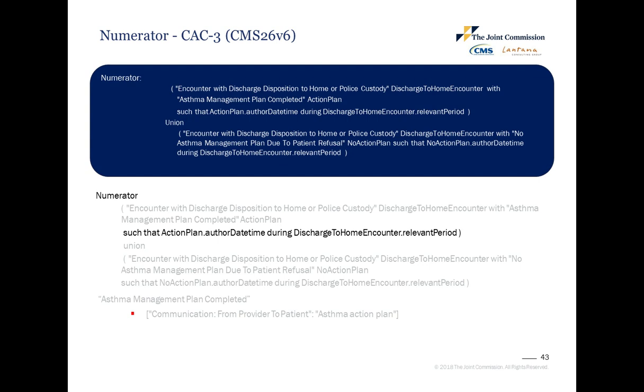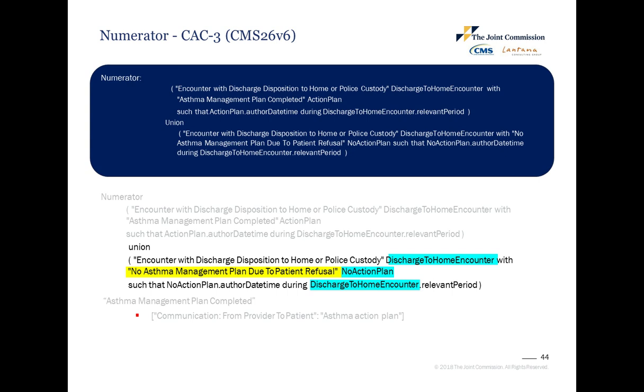Turning to slide, and remember, the Asthma Action Plan must be authored during the encounter relevant period. Turning to slide 44, let's turn our attention to the second clause of the union statement of the numerator. Again, the encounter with discharged disposition to home or police custody has been previously discussed.